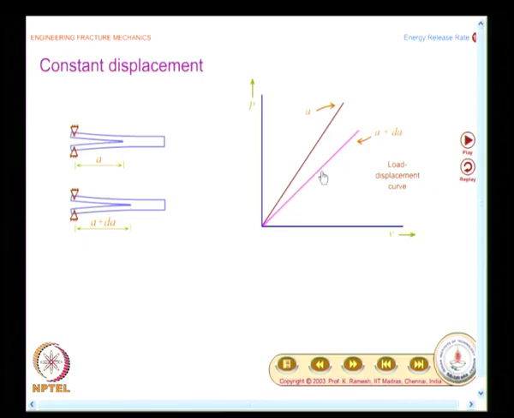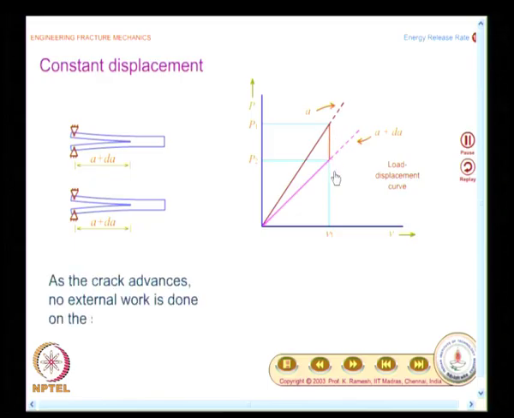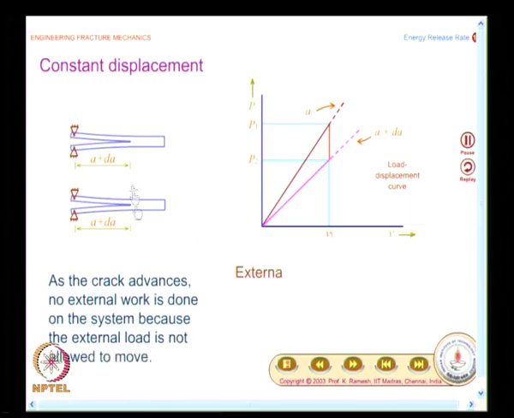So, you have the line corresponding to A plus delta A below the case for the crack length A. And watch the animation, the crack advances under constant displacement, and you find the work done by the external load is 0, because the points do not move.